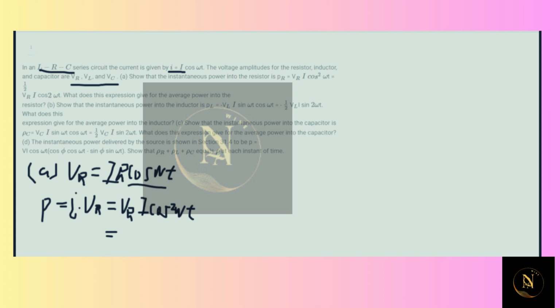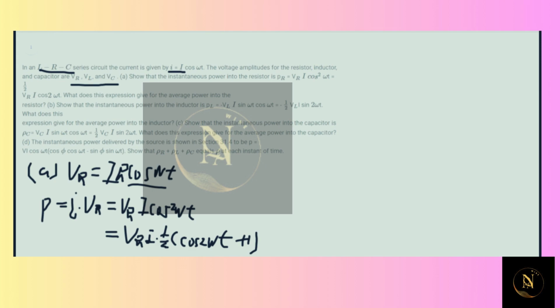And then you utilize the trigonometric function relation, and you will see that this is equal to VR I times half, cosine 2 omega t plus 1.